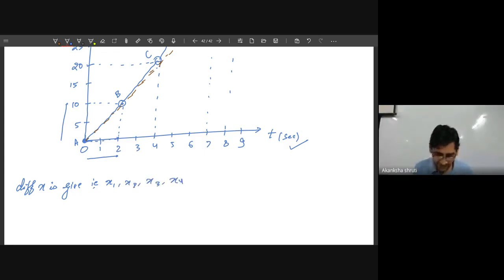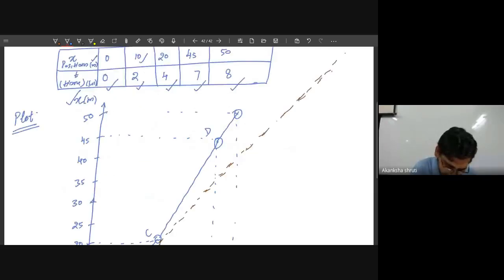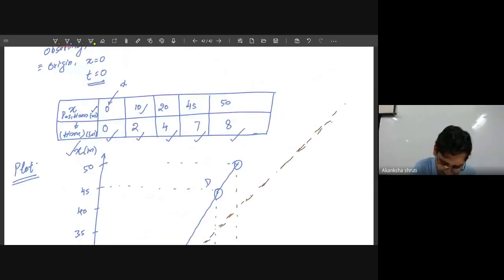It is something like that. So here in this position, this is our x1, student. This is our x2. This is our x3. This is our x4. This is our x5.